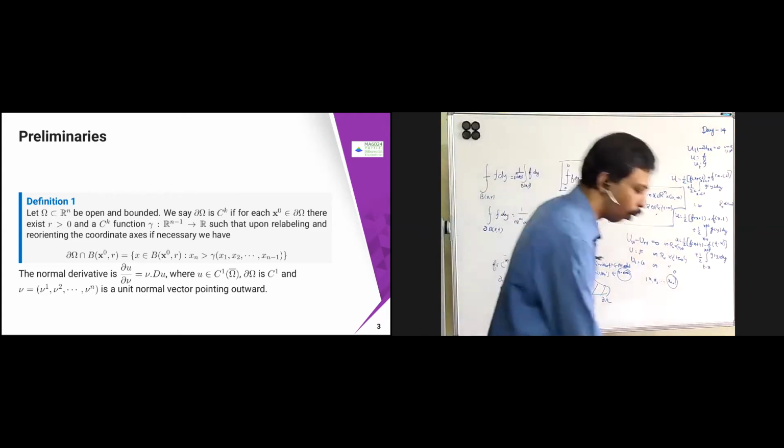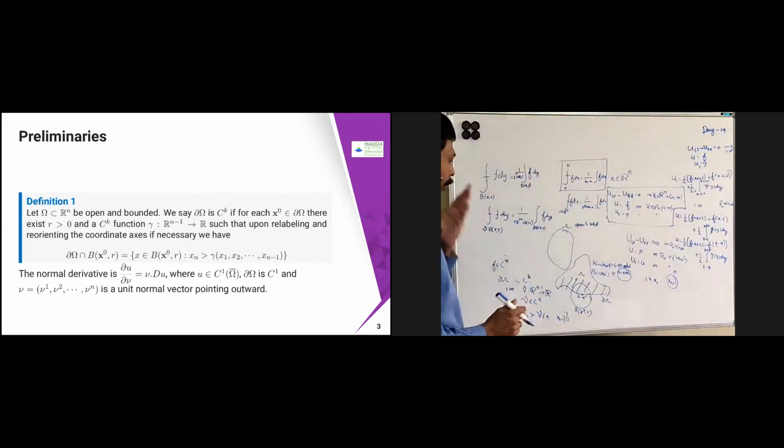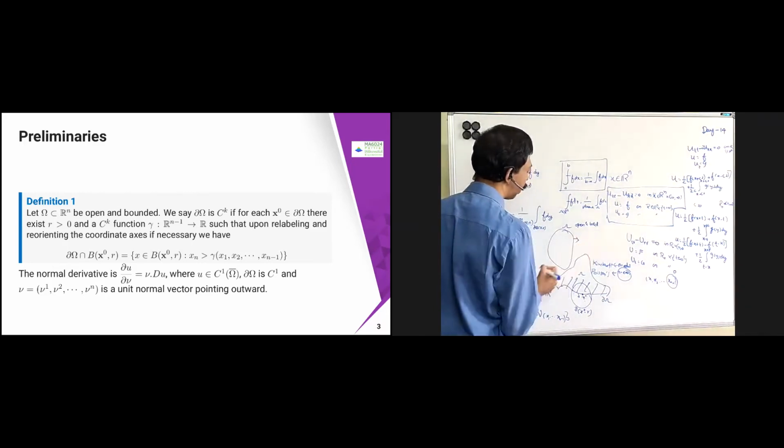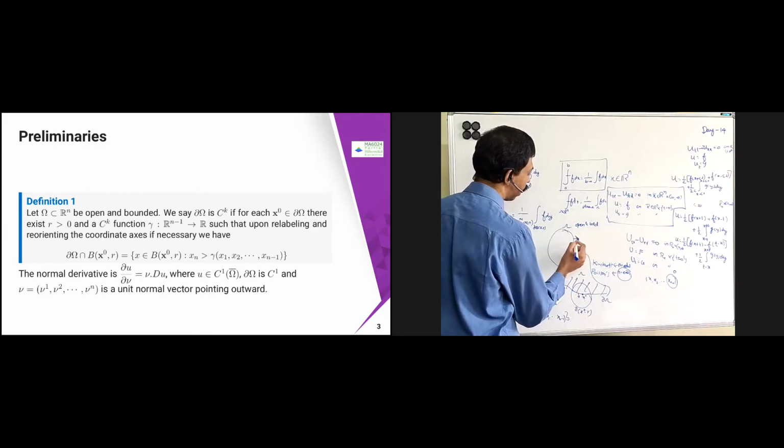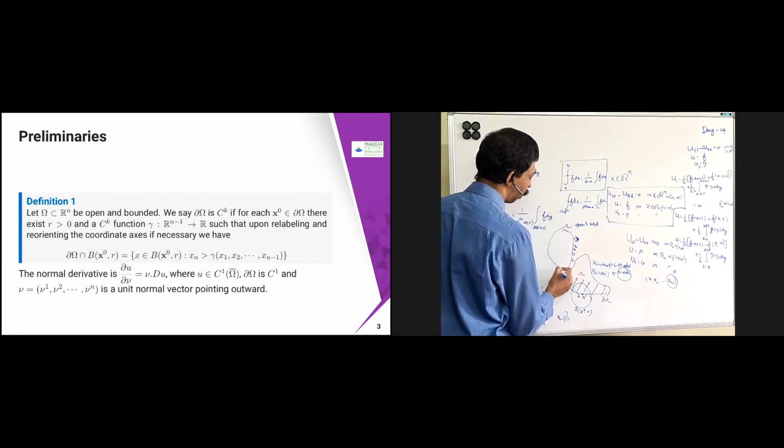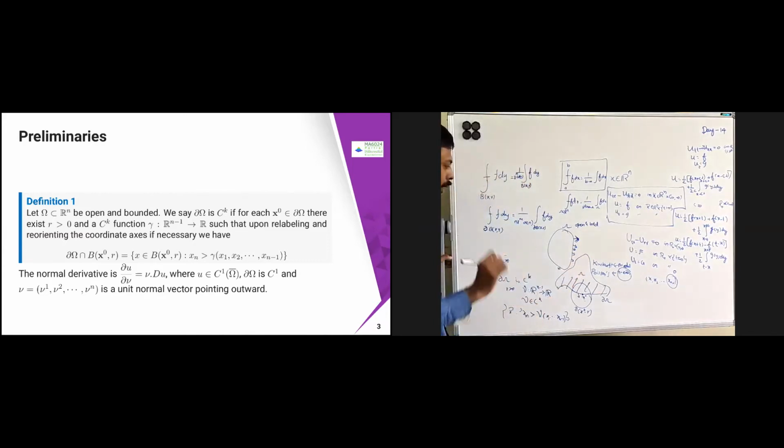One more thing: if Ω is there, we might have seen the normal derivative. The normal derivative is found by taking the normal vector, whatever is pointing outward, for each point. Now we need to define the normal derivative.